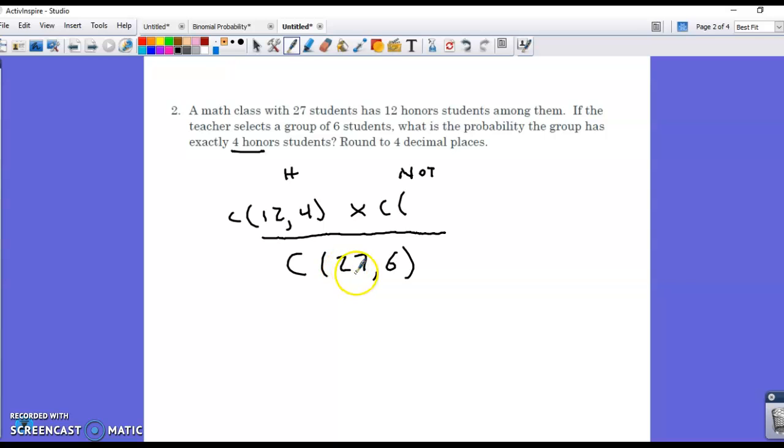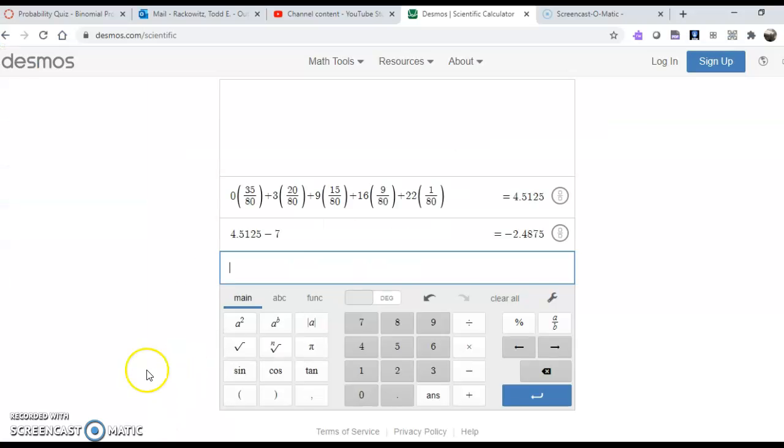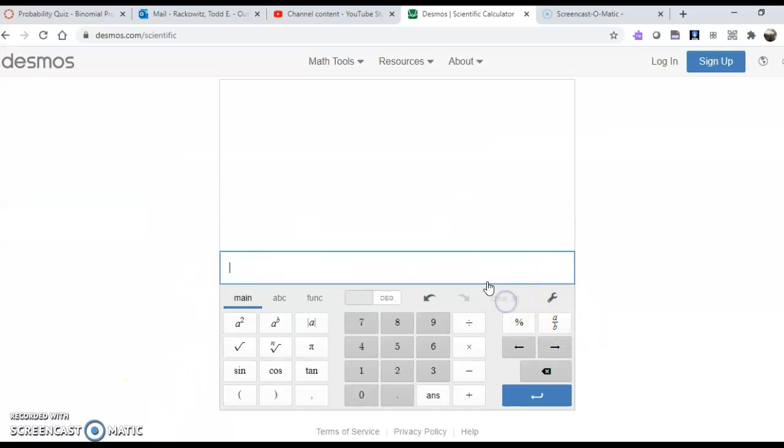So if 12 out of 27 are honors, then 27 minus 12, that's 15 are not. If she wants a group of 6 and 4 of them are honors, 2 are not. And then that will go into Desmos. For this, start a fraction.